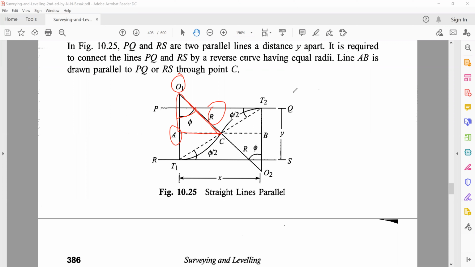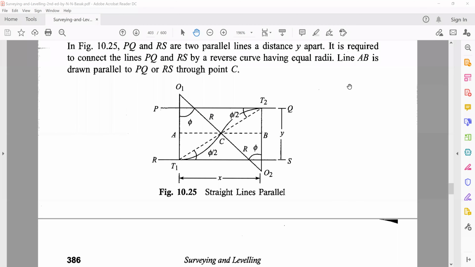So by using the known side and known angle, we can calculate the distance O1a. What we want to find is the distance T1a, using the known values: O1T1, which is equal to the radius, from which we subtract O1a, for which we use the relation of phi. This is how we get the distance.